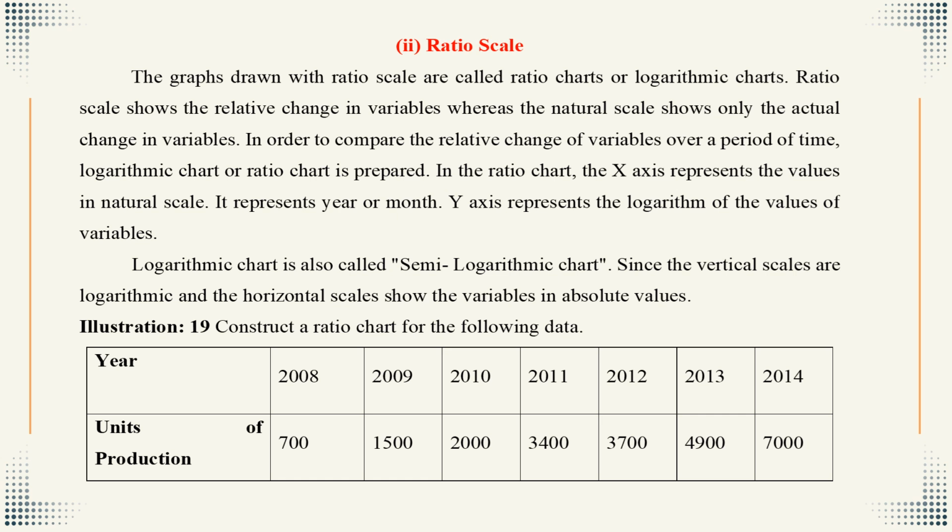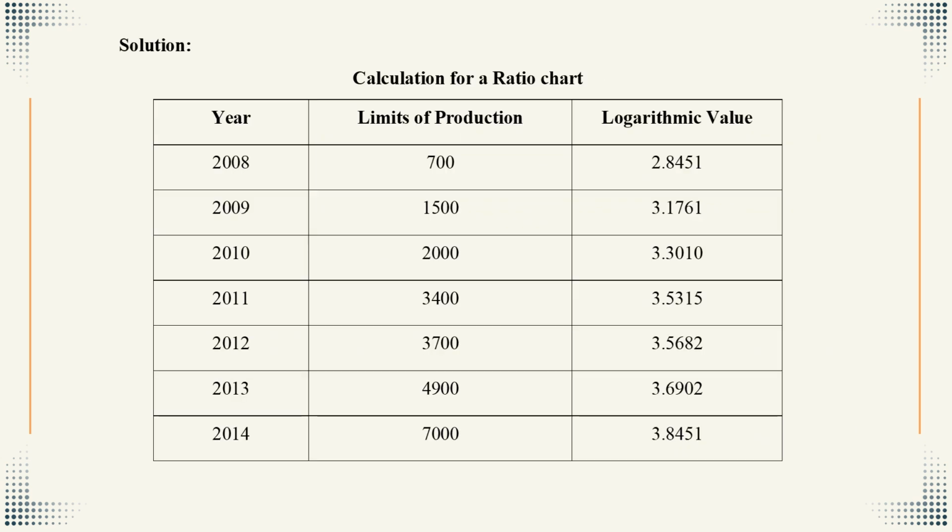On the basis of illustration 19, the logarithm value has been calculated for all the years. The first two columns are as in the illustration. The third one is the calculation of the logarithmic value.